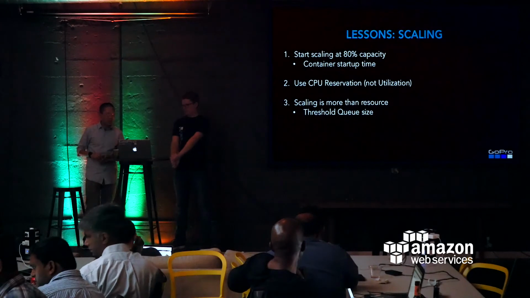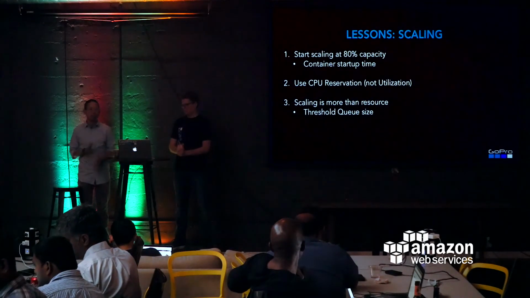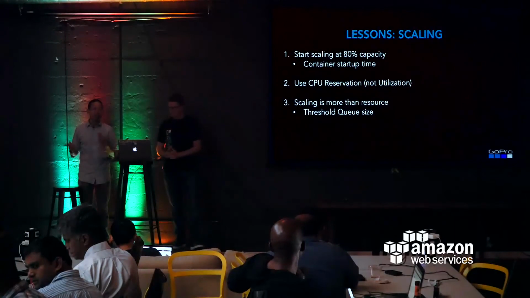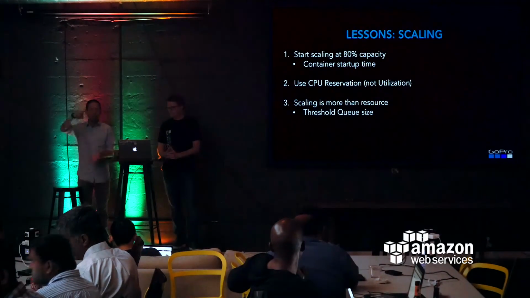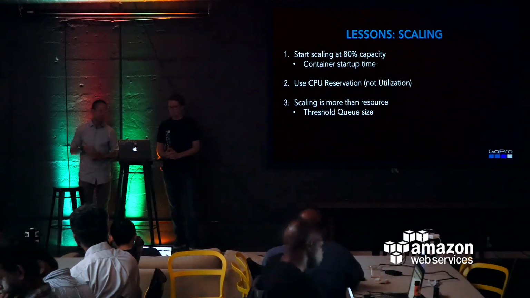The last thing we learned is that we've always been scaling by resource, like CPU and disk space, but there's also queue size. Nobody has thought about queues. Where there's a lot of stuff in a queue, you may need to launch a lot more workers to consume these events.